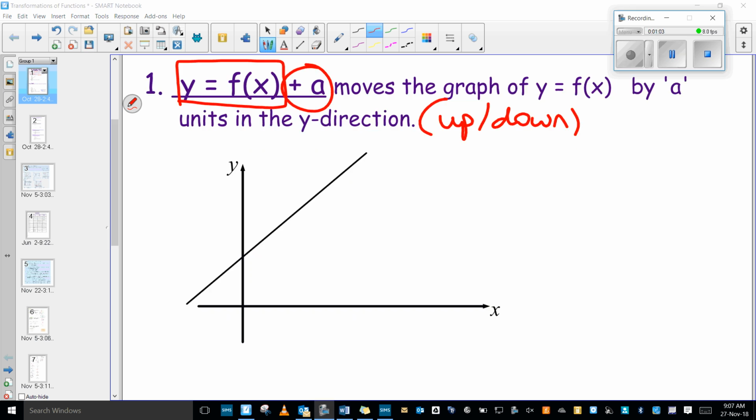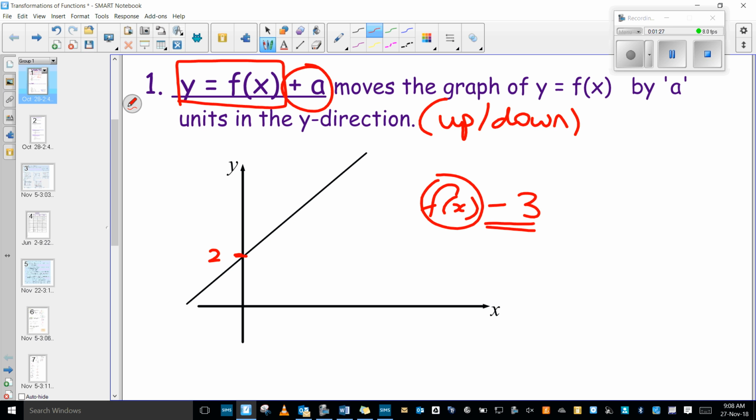All right, so if this is our original function, we don't know what the equation of this line is. It doesn't matter what it is. But if I were to draw the graph of f(x) minus 3, let's just say that this value was 2, I know that my graph is going to move down 3 units.